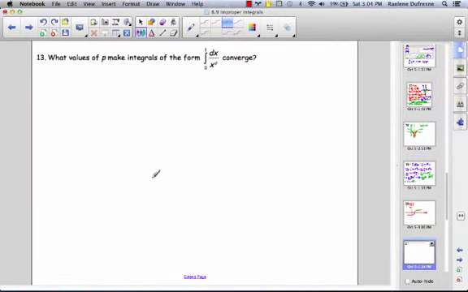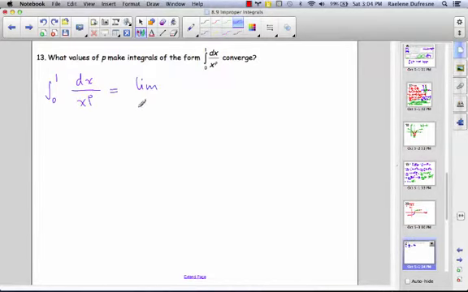Okay, but we actually want to find p from an analytical approach, and the value of this improper integral when it does converge. So we know that the offending x coordinate, or the value of x that makes y undefined, is x equal to 0. So we rewrite the definite integral in terms of the limit.